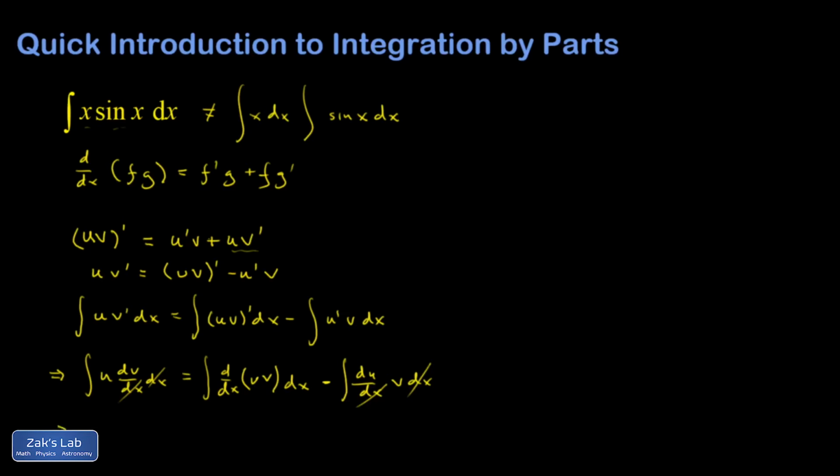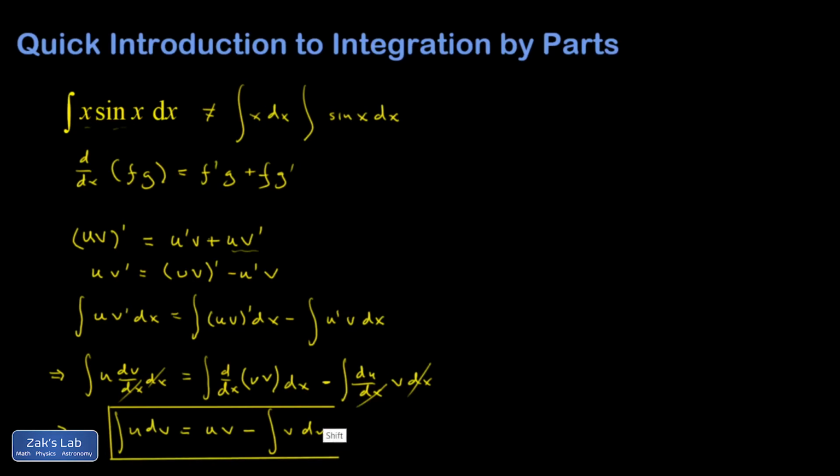So we arrive at this formula that's called integration by parts. And really what we've done here is figured out how to do the product rule backwards.